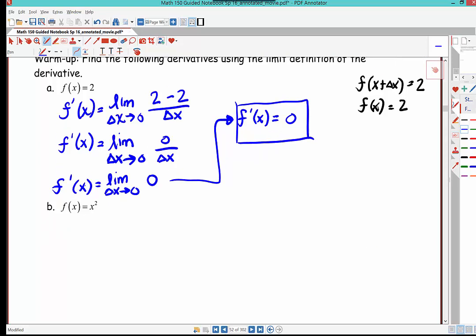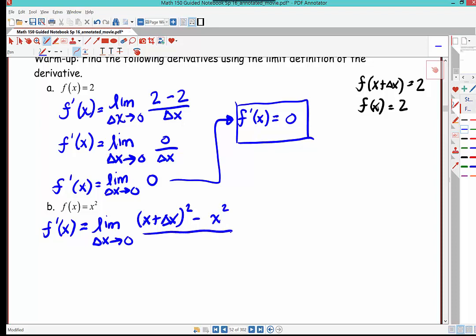Okay, so next up, we'll have f prime at x is equal to the limit as delta x approaches 0 of, what is our f of x plus delta x? Good, x plus delta x, the quantity squared, sorry, the dogs are out, or in, minus f at x, which is x squared, all over, great, delta x.